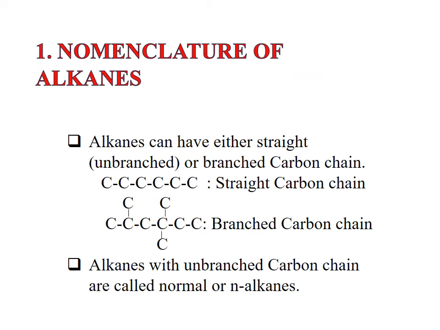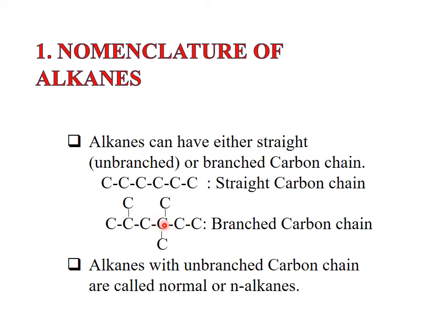We have said that alkanes are acyclic hydrocarbons, which means that they have an open carbon chain, but this open carbon chain can be either straight, unbranched, or a branched carbon chain. In a straight carbon chain, all the internal carbon atoms are bonded to two carbon atoms only, while in a branched carbon chain, at least one of the internal carbon atoms, like here, is bonded to more than two carbon atoms.